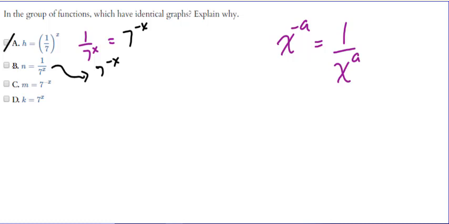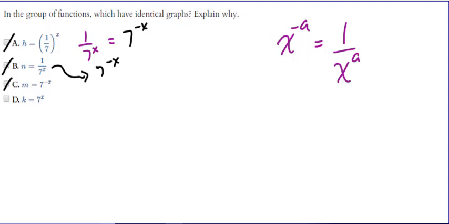All three of these match, and D is the only one that's not. I highly recommend graphing each one of those so you can see that they are the same graph.